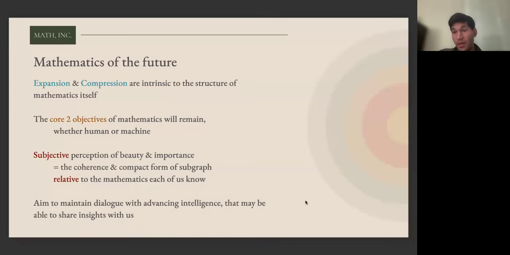I think the hope is that we can maintain a dialogue, with a continuous or relatively comprehensible iteration from one subgraph to the next, as capabilities of models advance, so that we can still share insights and, as advances progress, we're still gaining value from this activity. And that's the closing remark I might make at this point.